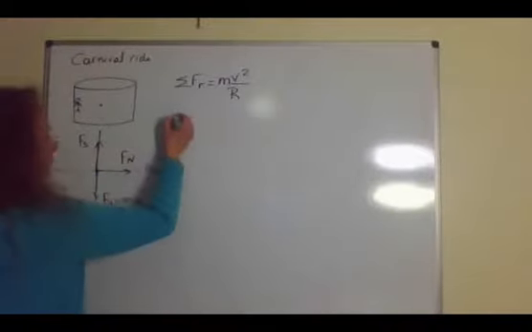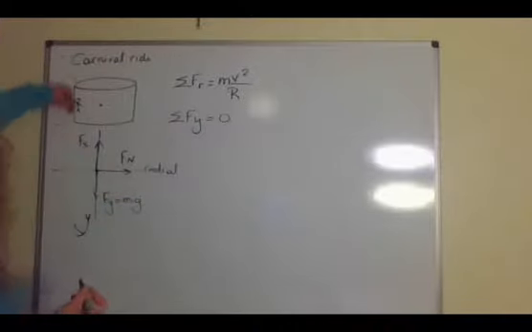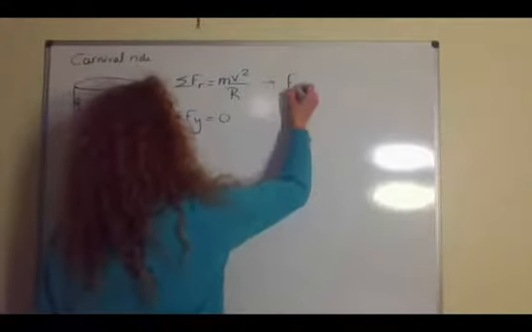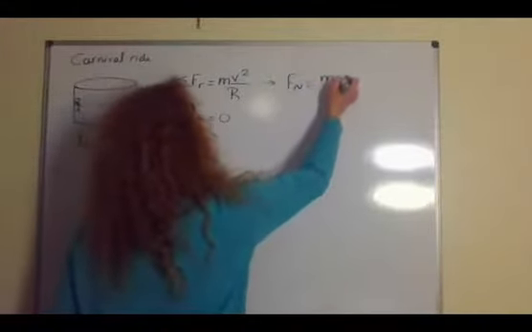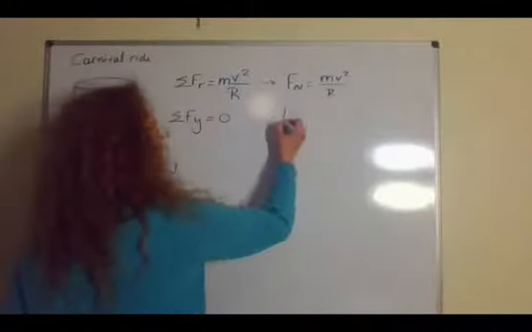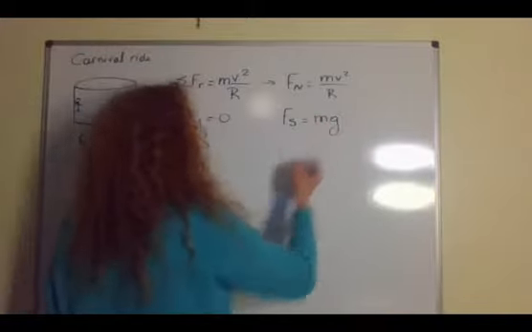Now the sum of forces on the y-axis should be 0. We see no motion up or down. So the normal force equals mass times velocity squared over radius. Well, the friction will be equal to the force due to gravity.